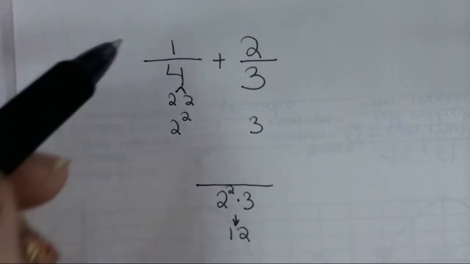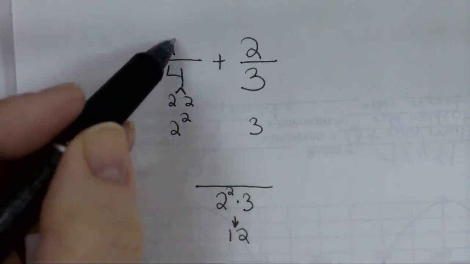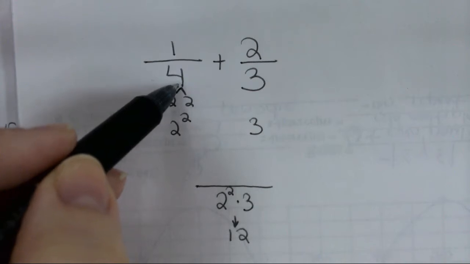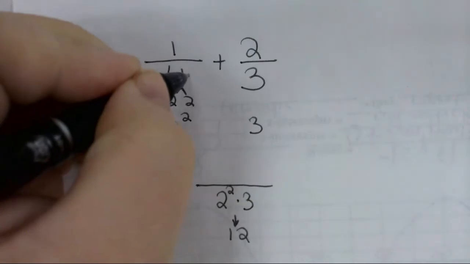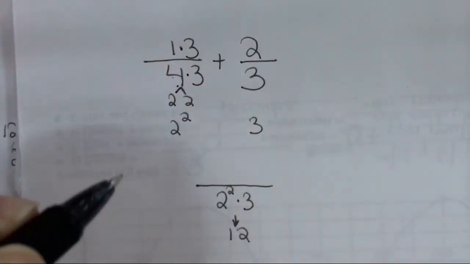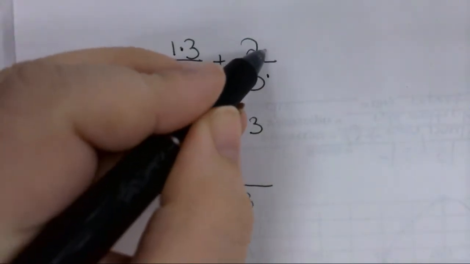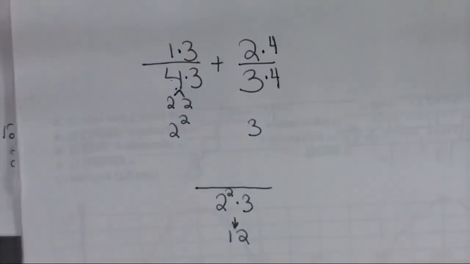Now, the old way, or I would say the original way that you've learned how to do this, would be to make this have a denominator of 12. And you did that by saying, okay, 4 times what gave me 12? 3, so you'd multiply the top and the bottom by 3. And then over here, you would say what times 3 is 12? 4, so you'd multiply the top and the bottom by 4.